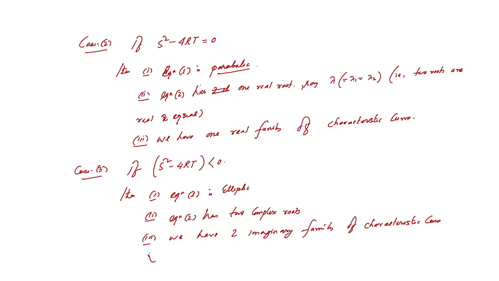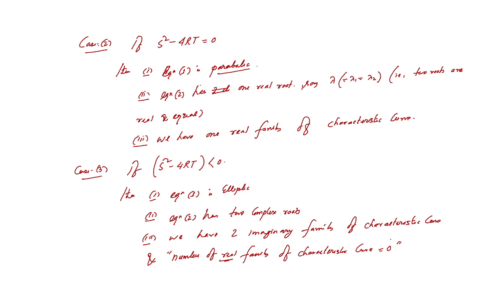And hence we can say the number of real families of characteristic curve is basically 0. That means there is no real family of characteristic curves.